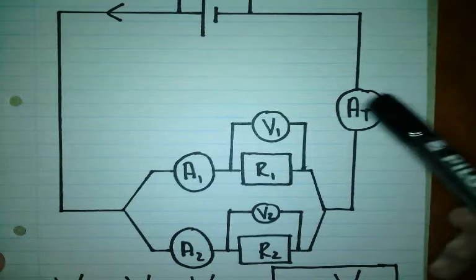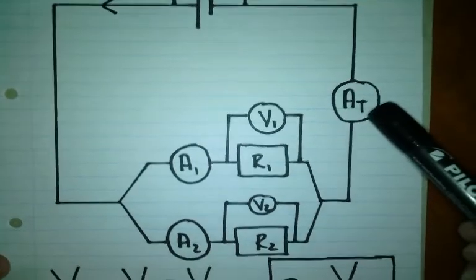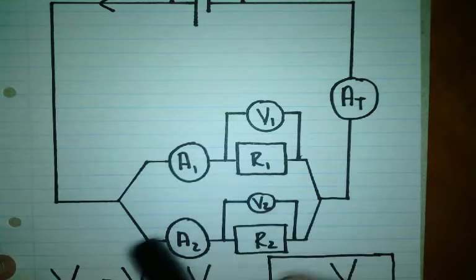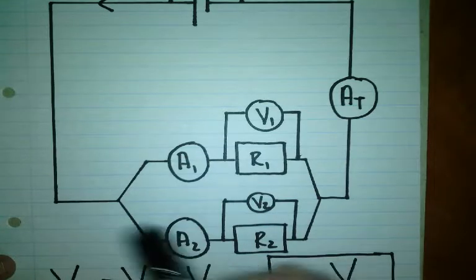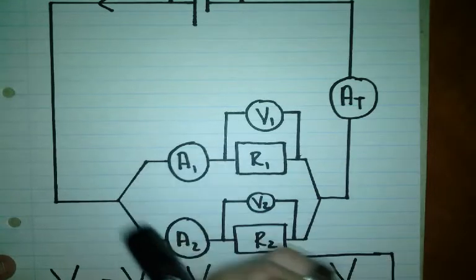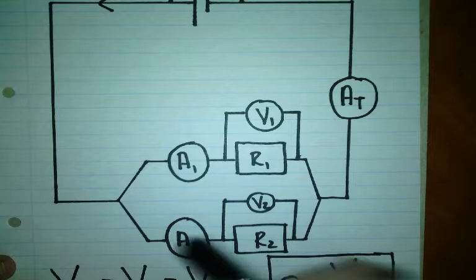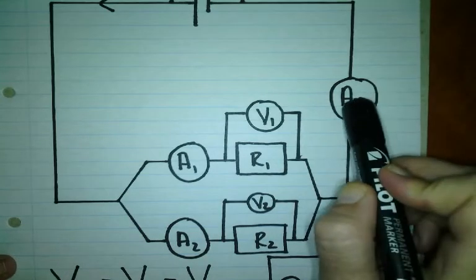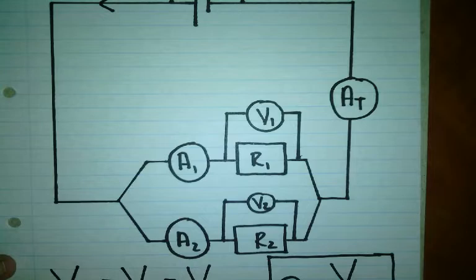So if we know what our total current is, that current is now split between ammeter 1 and ammeter 2. The current is split between the top branch and the bottom branch. And then when it gets back here, all the electrons then flow through ammeter T, the total current.